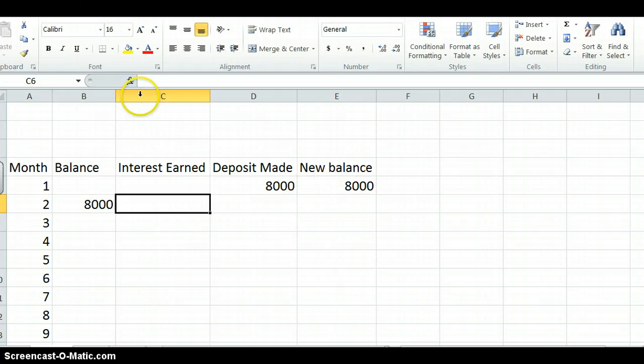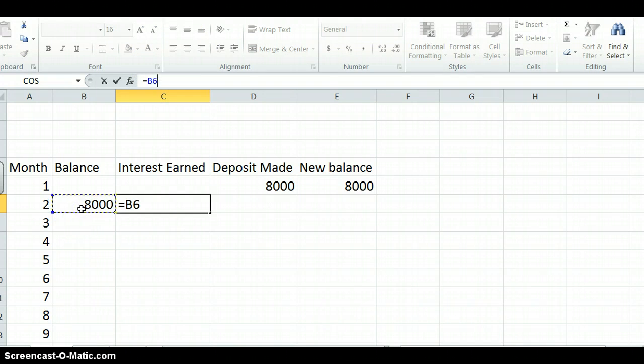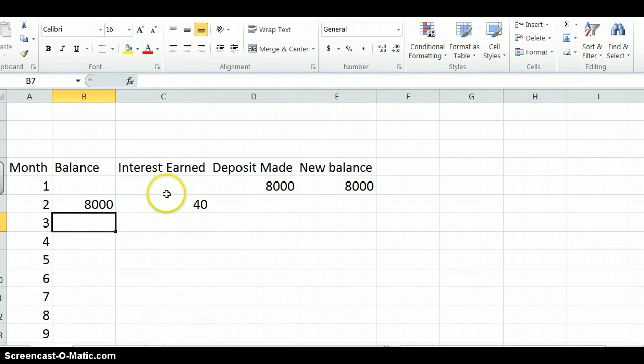And then my interest earned is going to be equal to, now here's my formula, my balance times my monthly interest rate. Here's my problem: if I put in 0.005, it works, but it doesn't make my spreadsheet very powerful.